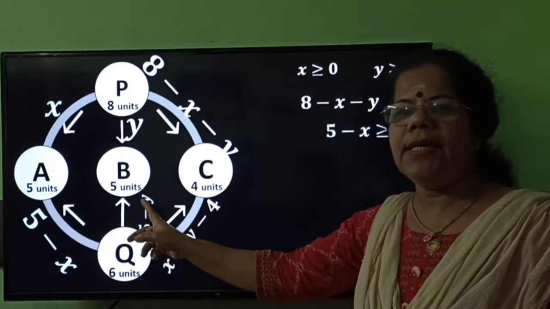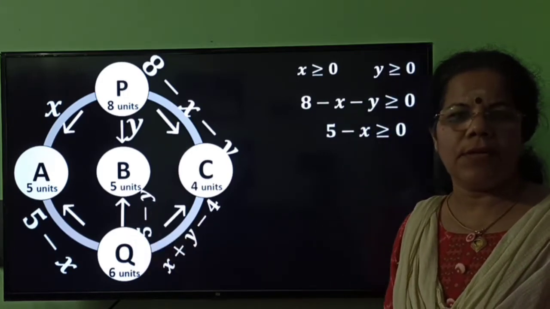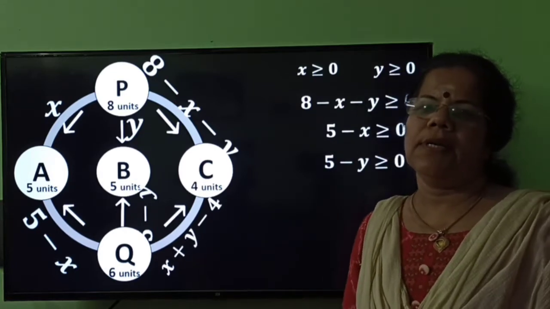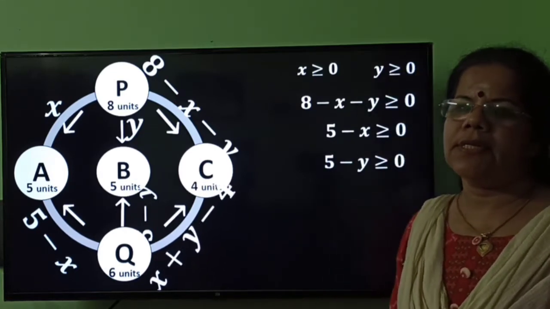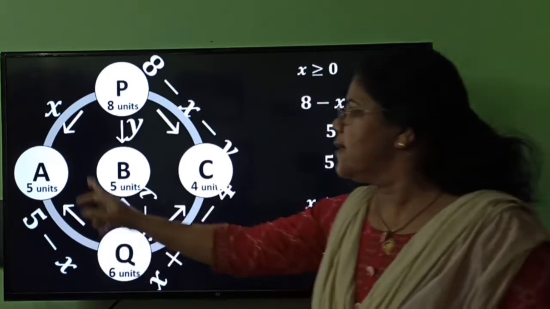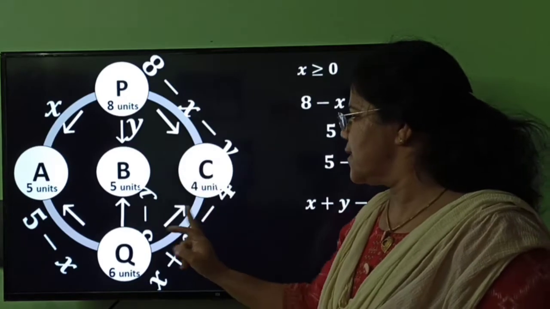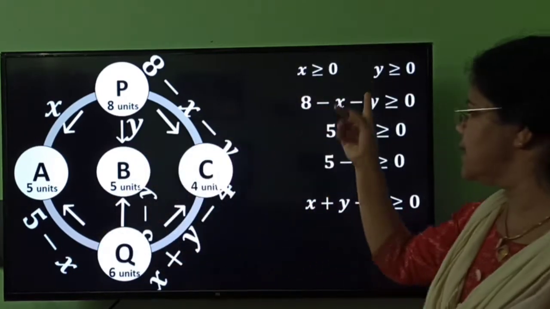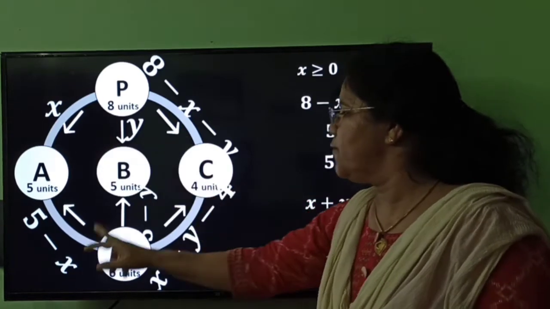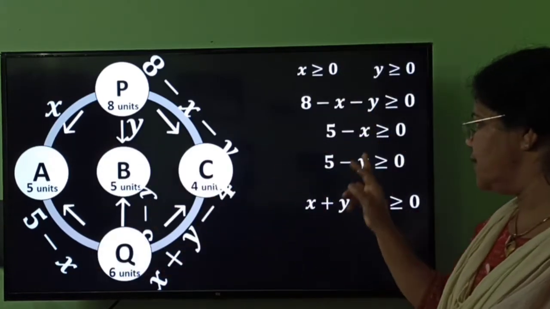Then 5 minus y must be greater than or equal to 0. Then x plus y minus 4 greater than or equal to 0. That is the last constraint. So taking all these things into consideration, we got all these inequations. It is so clear, 1, 2, 3, 4, 5, 6, everything we have written.